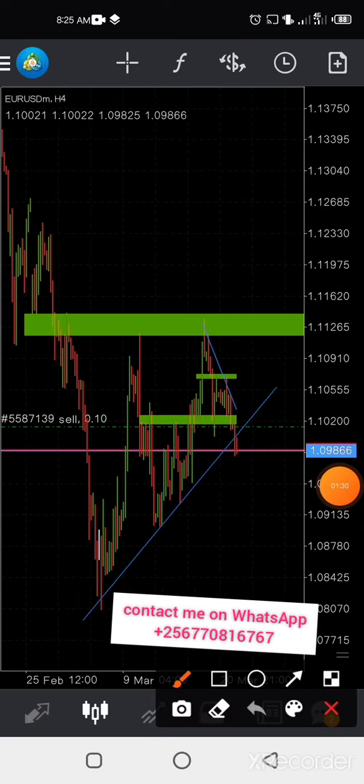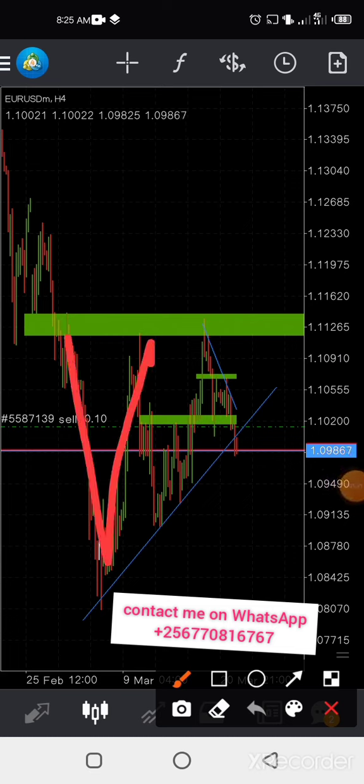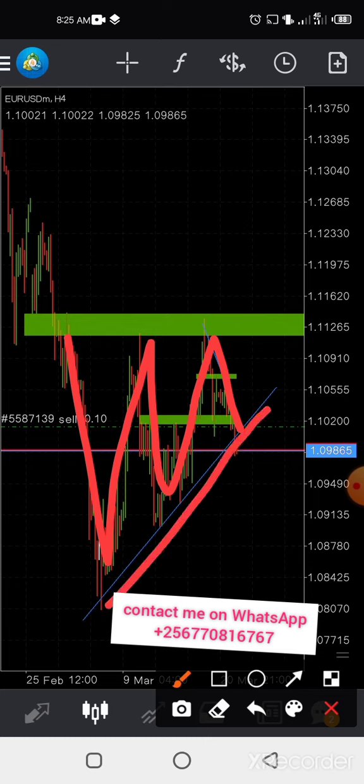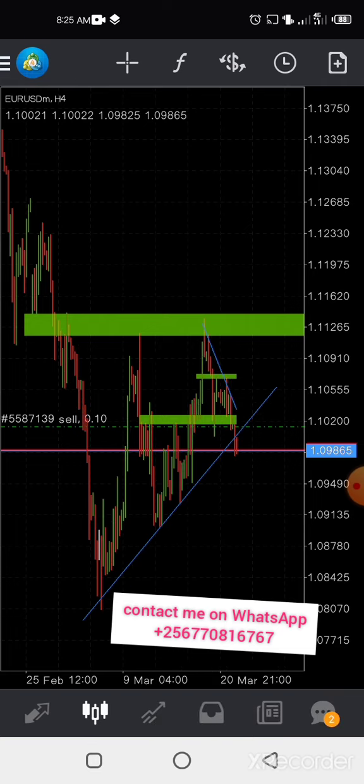You can see it forming a pattern. Just look, and this is price action. These are patterns we always see. But you can see what is forming, and it has broken below.